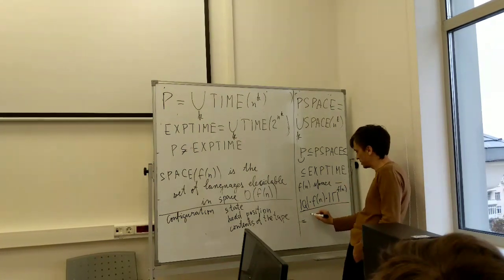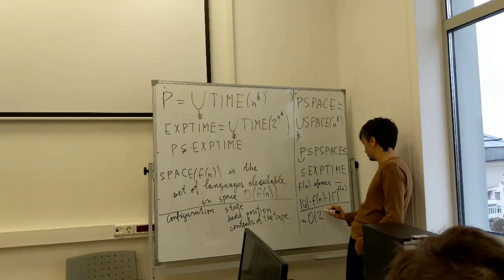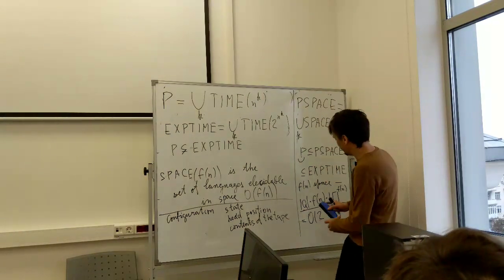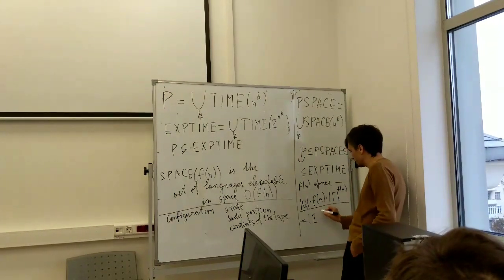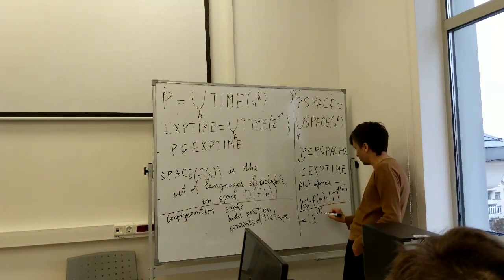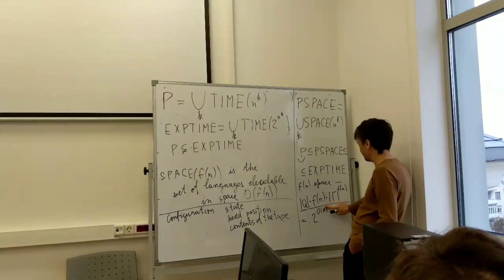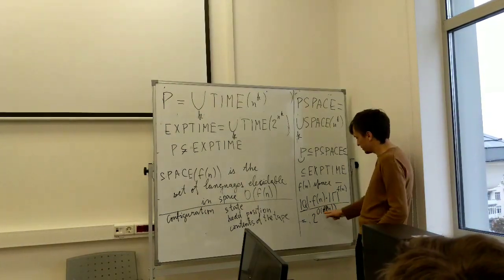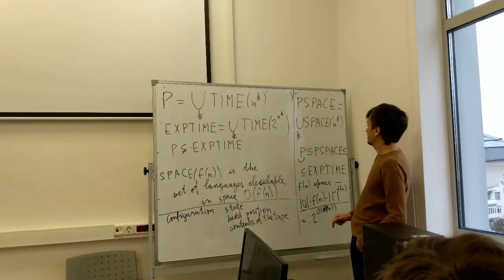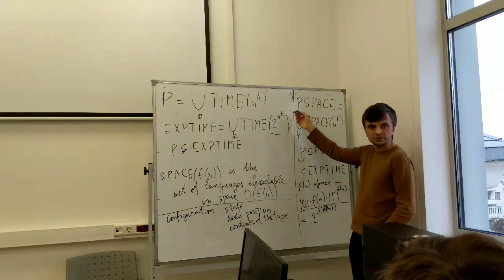So this is 2 to the O of f of n. And because f of n is a polynomial, this is going to be 2 to the n to the k.